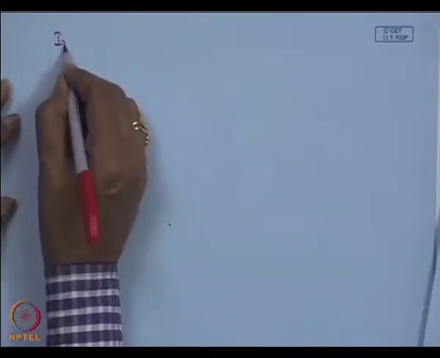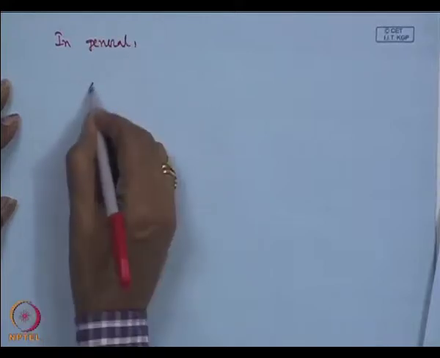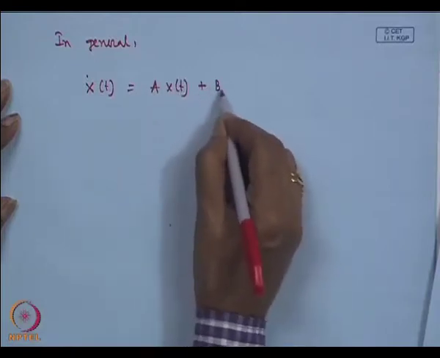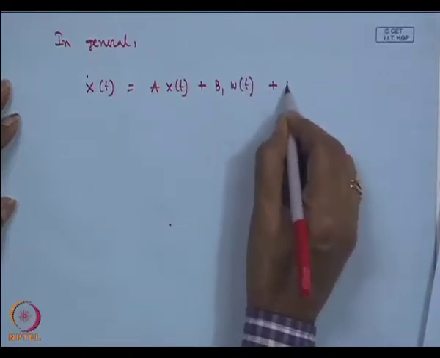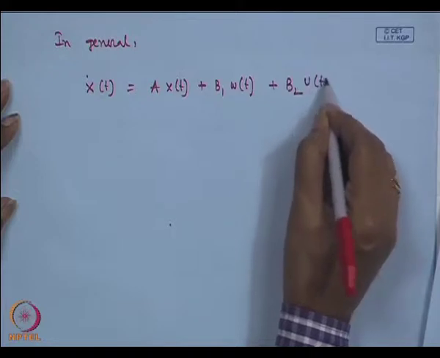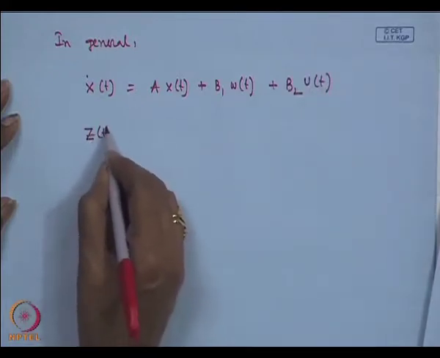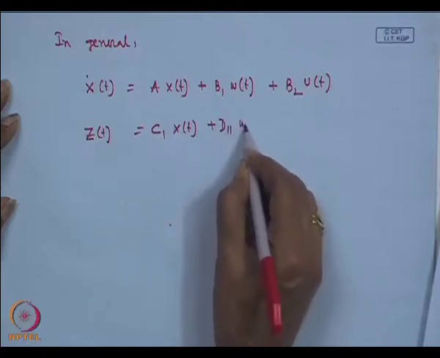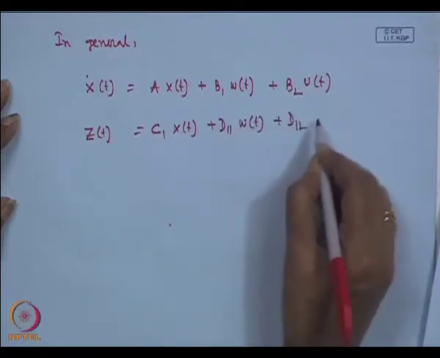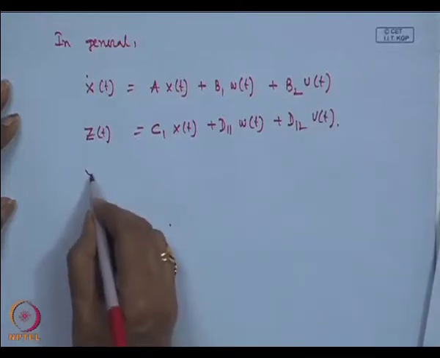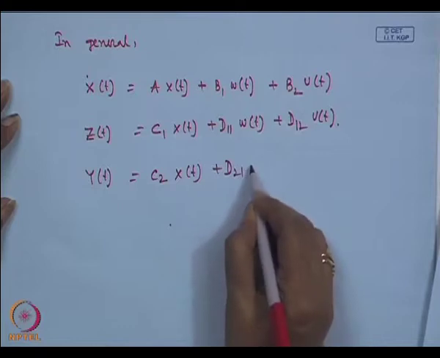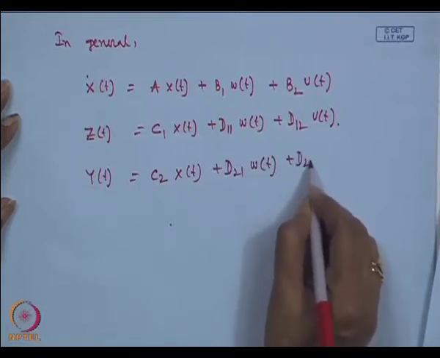So, our state equation in general we can write as x dot of t is equal to A x of t plus B1 w of t plus B2 u of t, and z of t is equal to C1 x of t plus d11 w of t plus d12 u of t, and y of t is equal to C2 x of t plus d21 w of t plus d22 u of t.